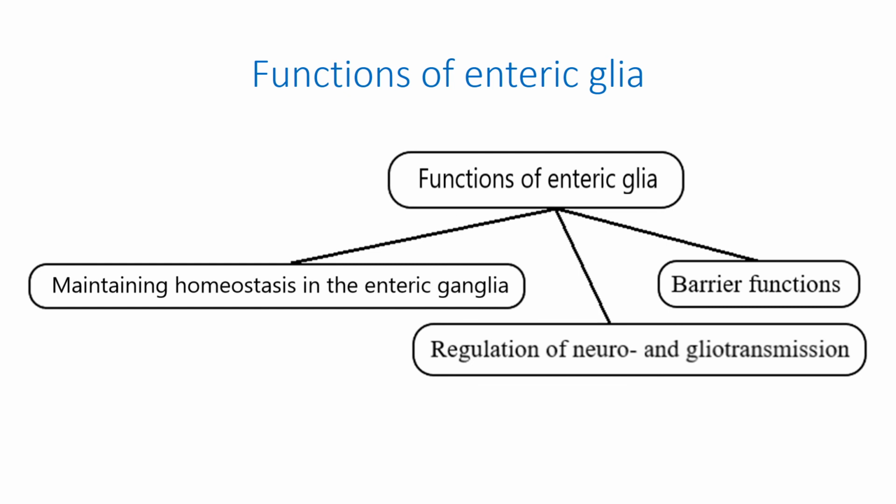Barrier functions. The intestinal barrier limits the penetration of bacteria, viruses, and toxic substances into the body. Intestinal subepithelial enteric gliocytes are in close contact with epithelial cells, nerve fibers, and blood vessels.